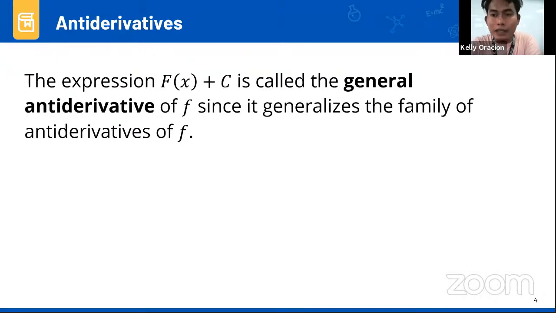So if in a quiz the choices are the same, the only difference being that one has no plus C, you need to choose the one with plus C. If the choice has no plus C, that is considered wrong. Take note that plus C is always there for an indefinite integral.